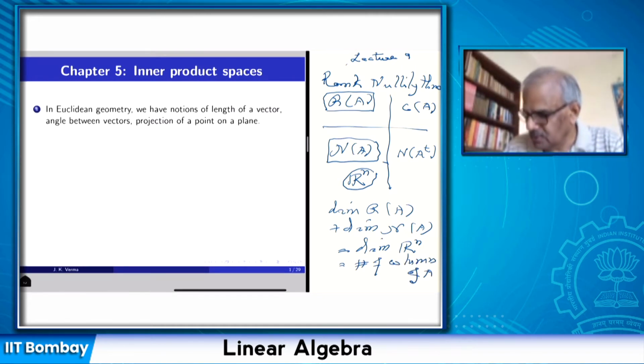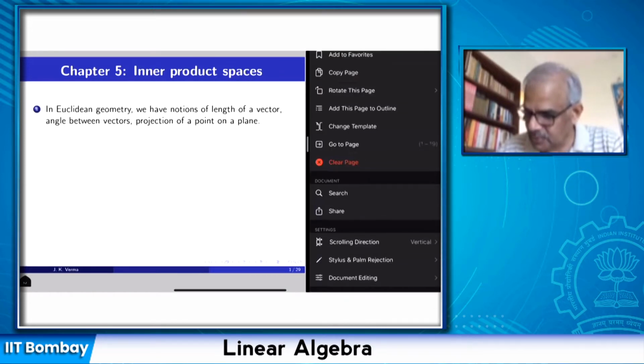of A. So this is the rank nullity theorem, and we also proved, if you have two subspaces, then we know the dimension of the sum of those two subspaces.